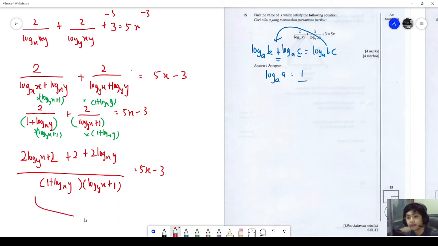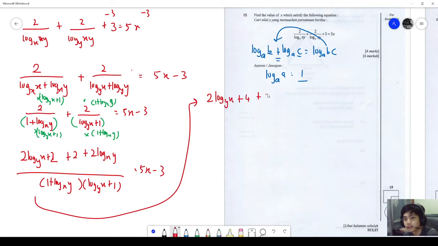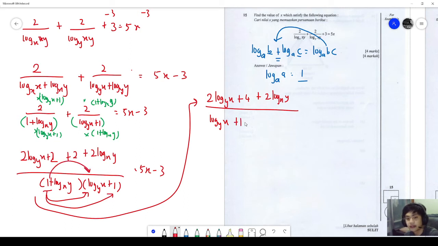So we end up with, I'm just going to write it here because there's no space, 2 log_y(x) plus 4 plus 2 log_x(y), over: 1 times log_y(x) will be log_y(x), 1 times 1 will be 1, 1 times log_y(x) again, log_x(y) times log_y(x) will be log_x(y) log_y(x), plus log_x(y).